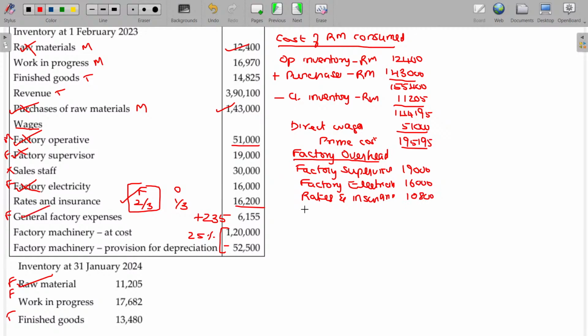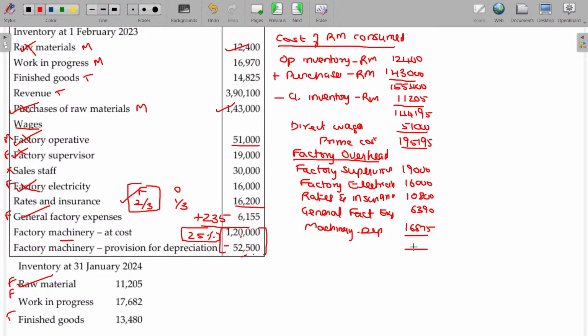General factory expenses, you have to add up these two and post that value 6,390. And machinery depreciation. 1,20,000 minus 52,500. On that value, you have to find out 25%: 16,875.